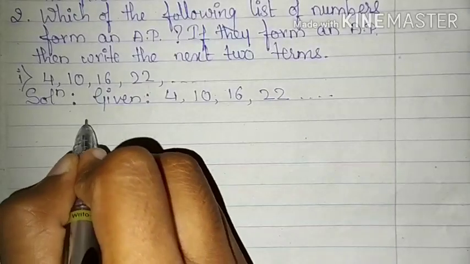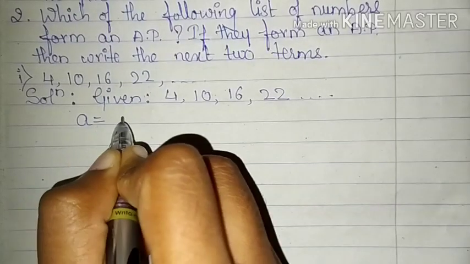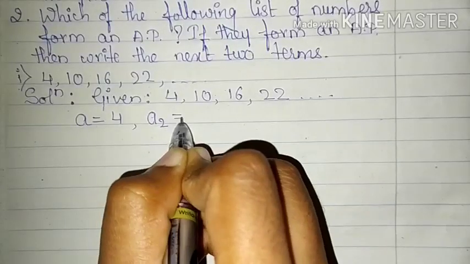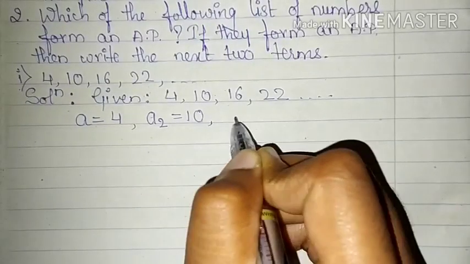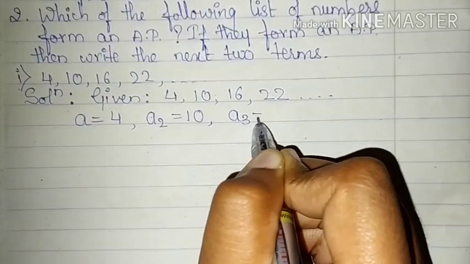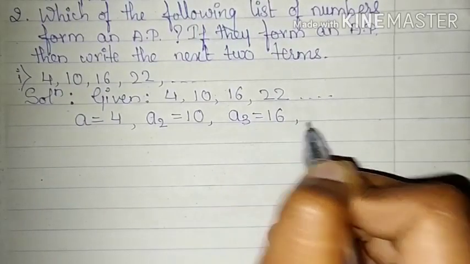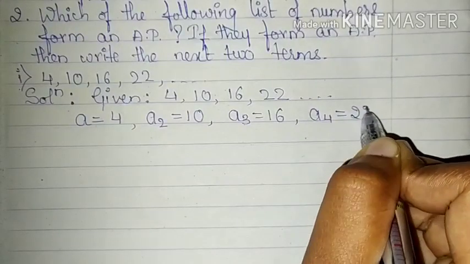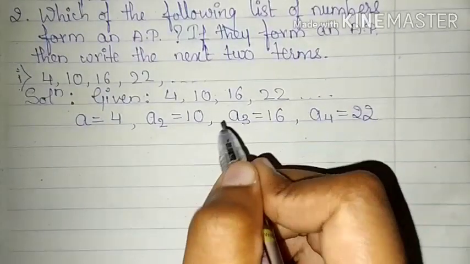Now A is equal to what? The first term is 4. The second term A2 is equal to 10. The third term A3 is equal to 16. And the fourth term A4 is equal to 22. Here they have given us only 4 terms.